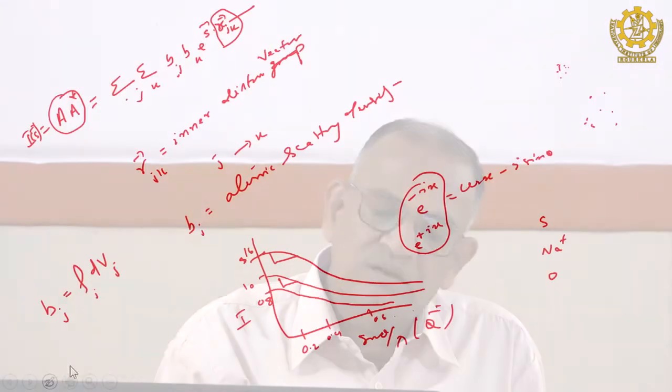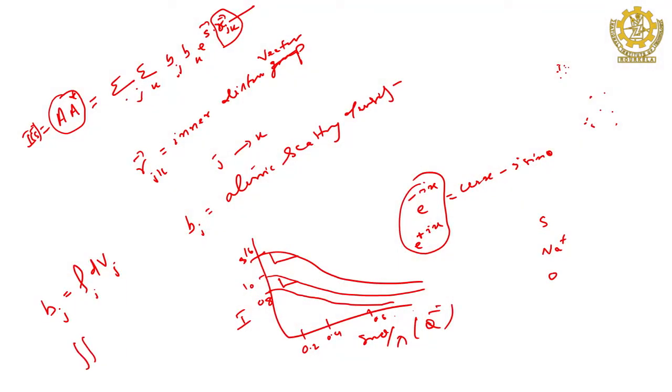So, the expression will be integration, then Bj will be rho j, then again rho k, and e to the power s vector dot r jk vector, here dVj dVk. Actually, better, volume integration means you should write it over volume density.